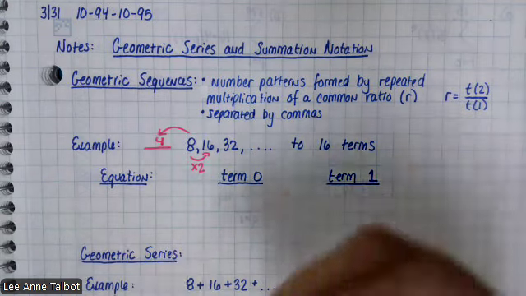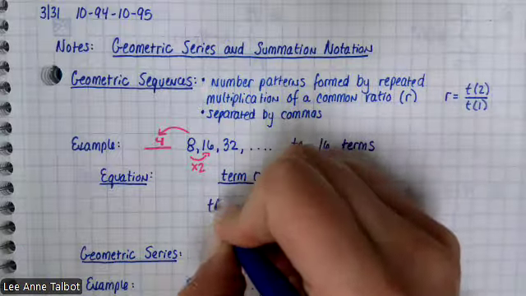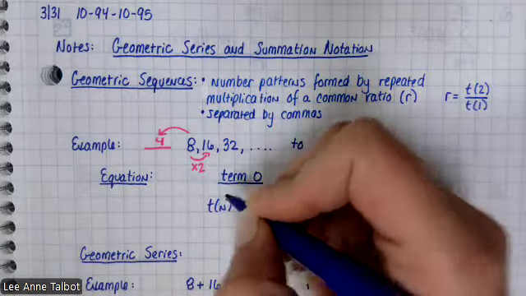And we're going to write the equation in two ways. We're going to write it in terms of term zero and the first term. And I'm going to give you the formulas for those in case you need them.